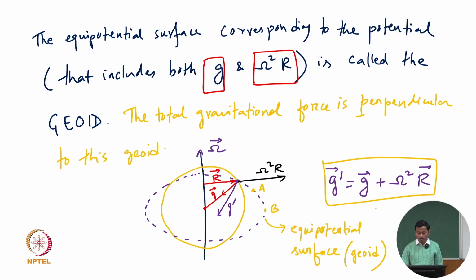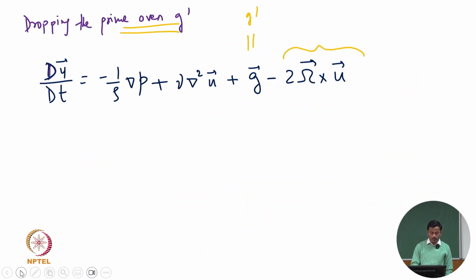For whatever maximum r you can imagine, let's say the capital R is the radius of the Earth, the maximum value of omega squared r is approximately 0.5% of the acceleration due to gravity. So it's much less as compared to the acceleration due to gravity.